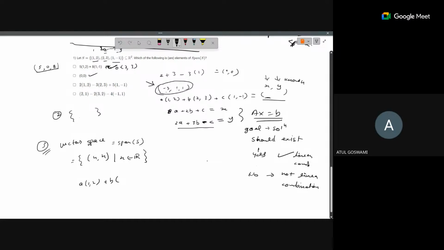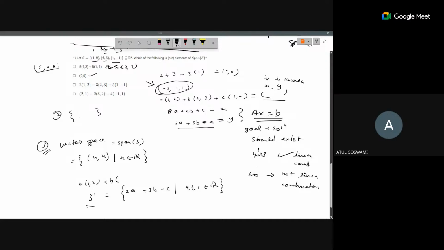What is the vector space? Suppose 2a plus 3b minus c. This is a plane, clearly, because it is R2, so a plane would be a vector space, such that a, b, c belong to the real numbers, and this forms a set, suppose S dash.